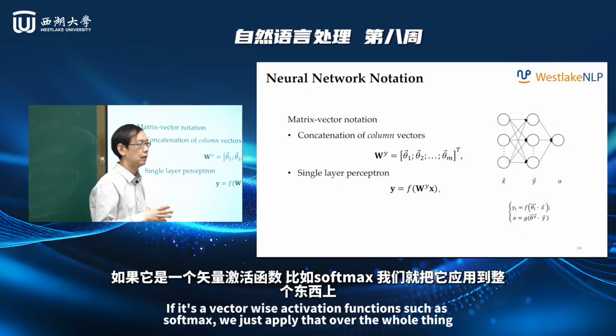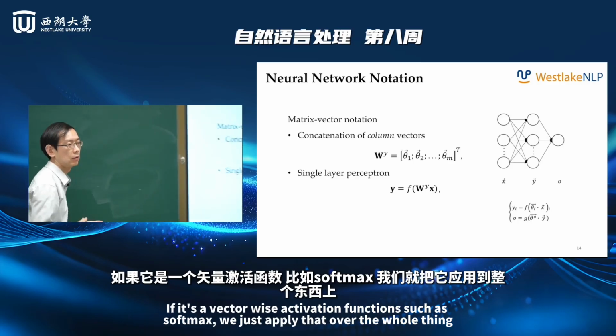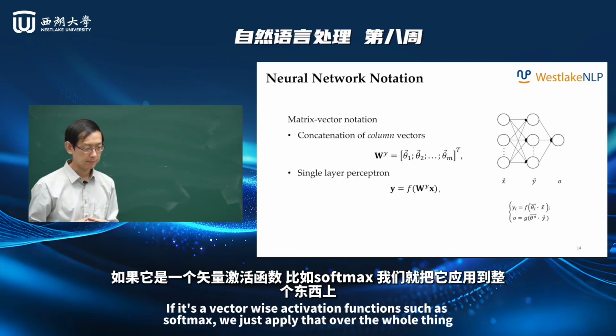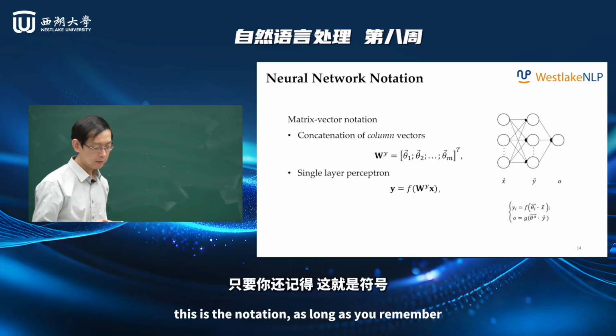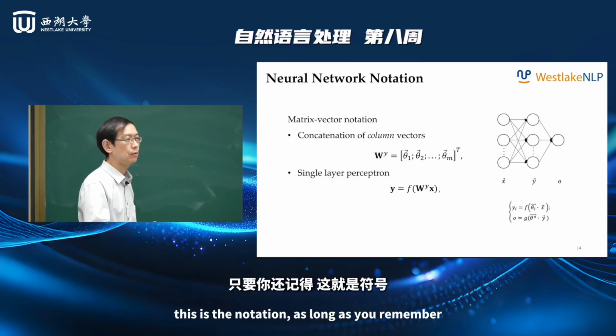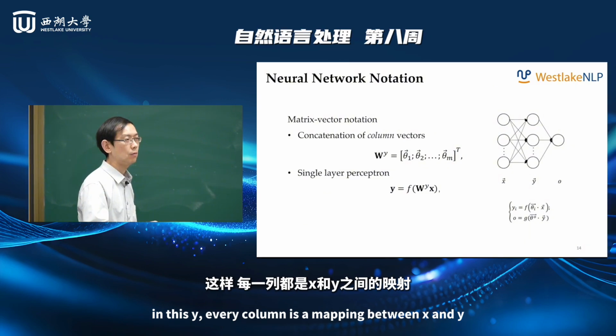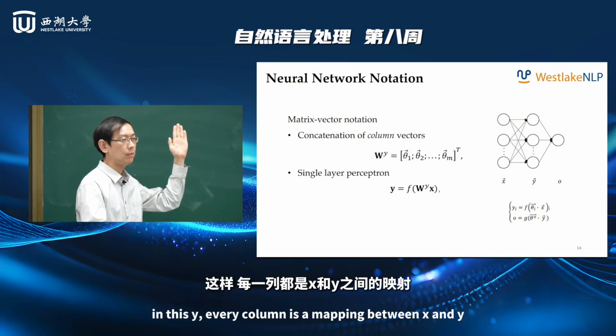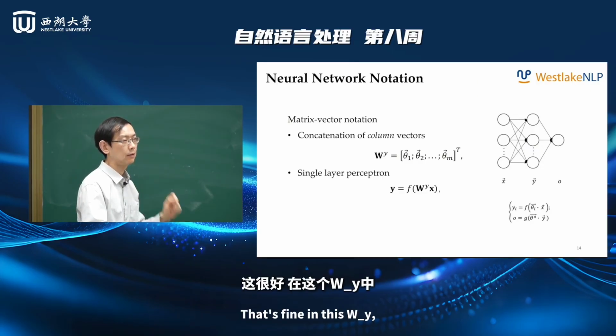If it's a vector-wise activation function, such as softmax, we just apply that over the whole thing. Okay, so this is the notation. As long as you remember, in this W_Y, every column is a mapping between x and y.